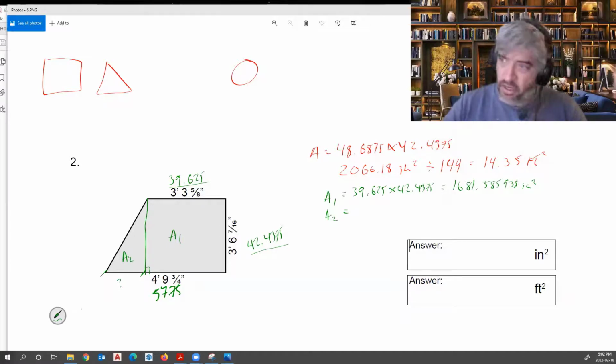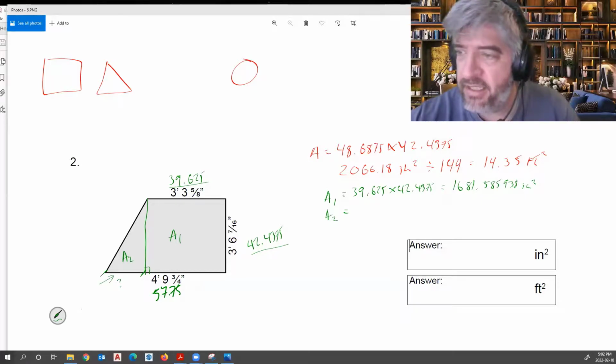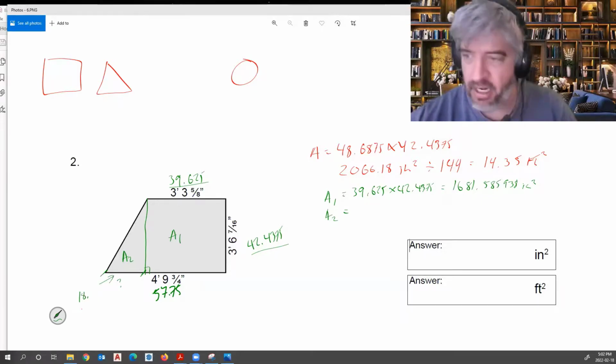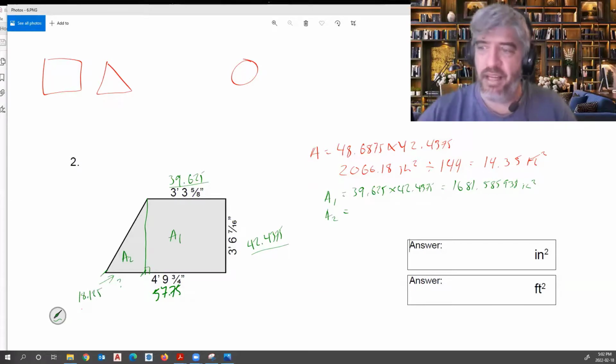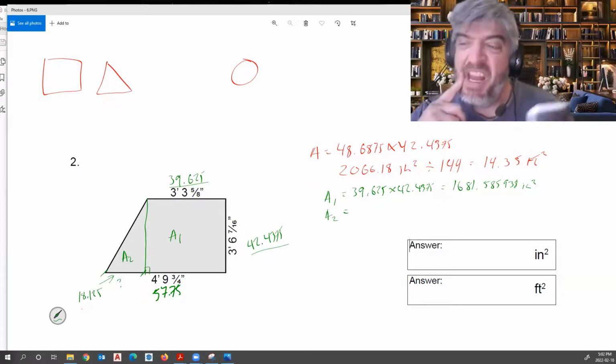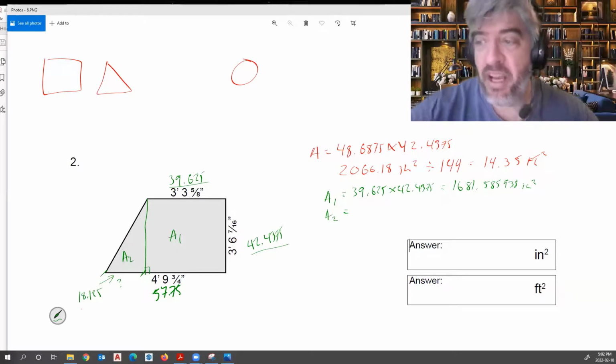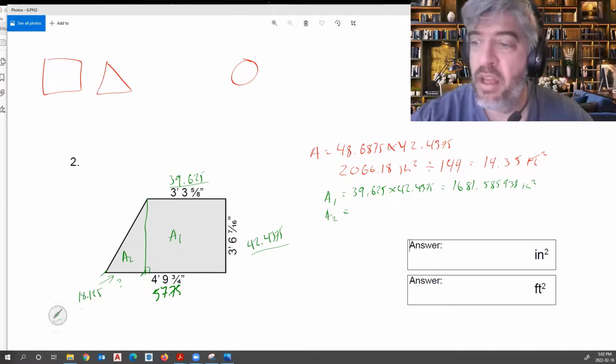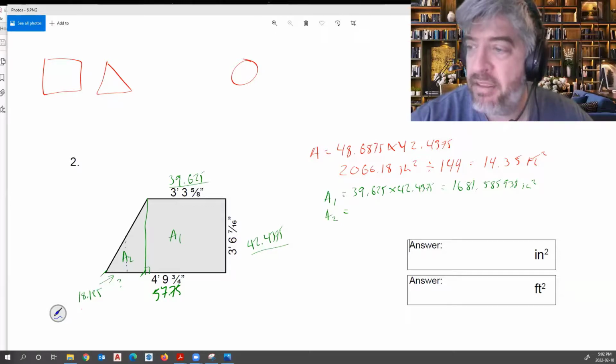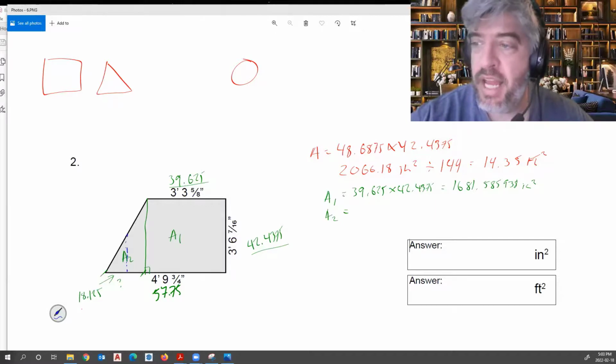I'm going to subtract the 39.625, which means that this remaining section here is 18.125. Now for a triangle, our formula says that we take half the base times the height.